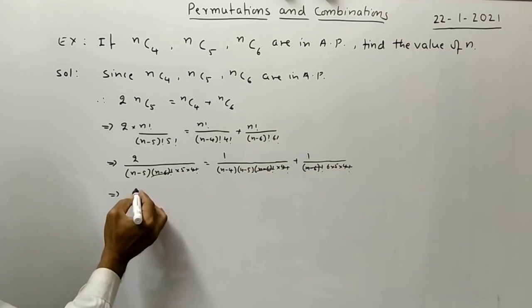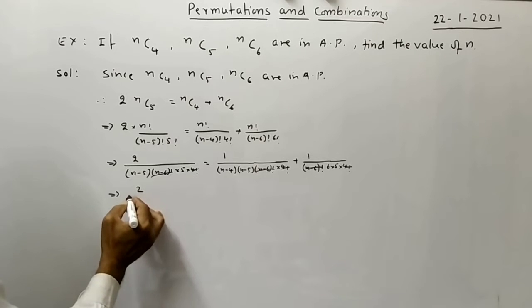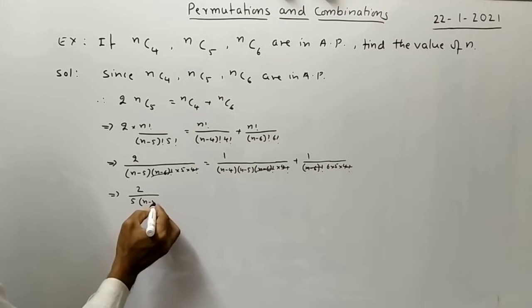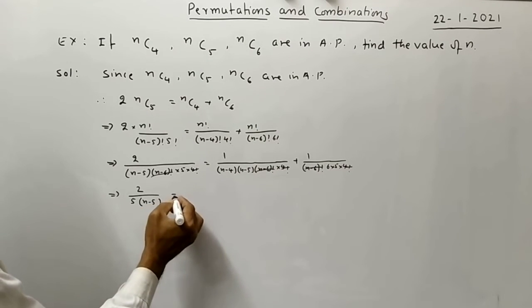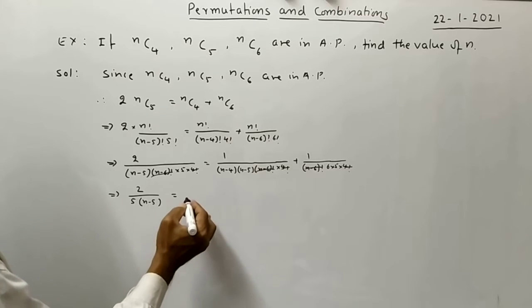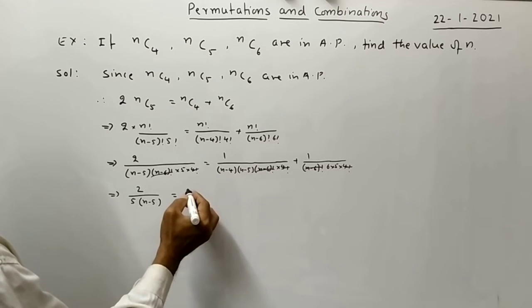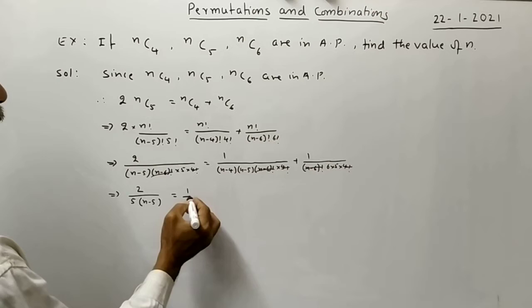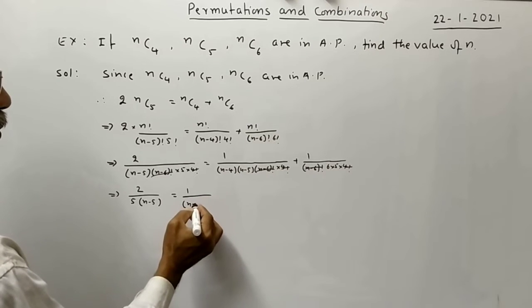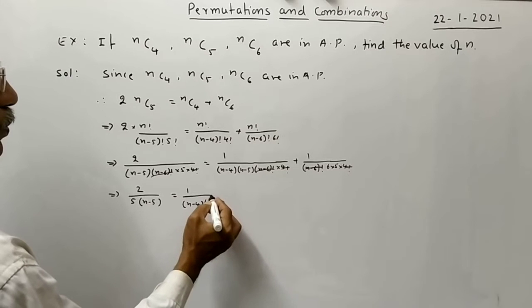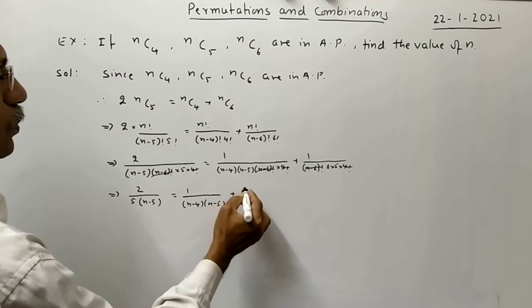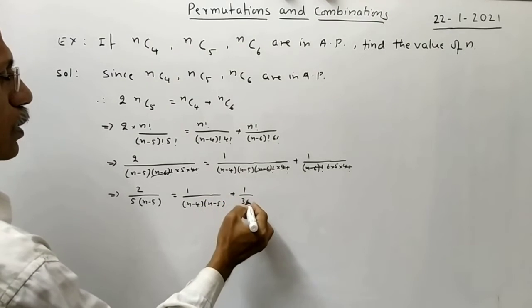Then the next step is 2 divided by 5 into (n minus 5) is equal to 1 by (n minus 4) into (n minus 5) plus 1 by 30.